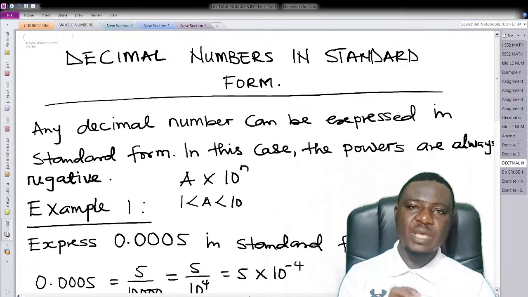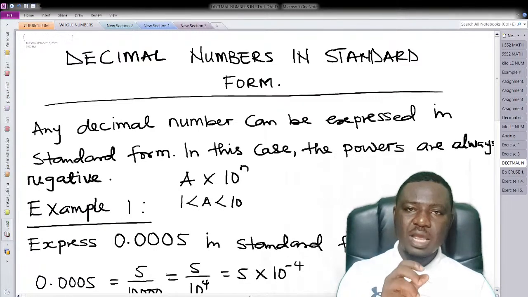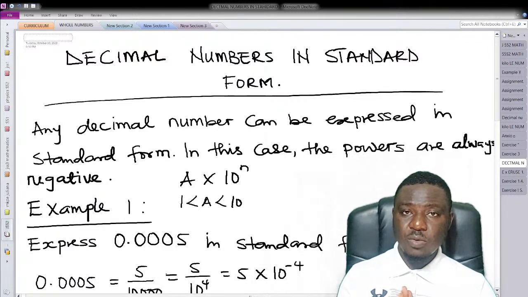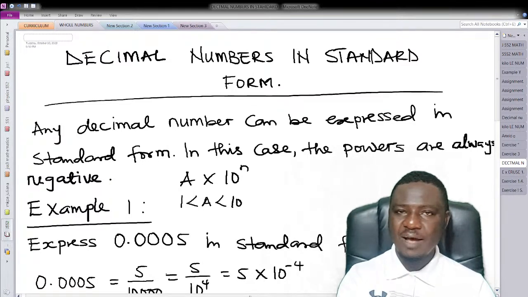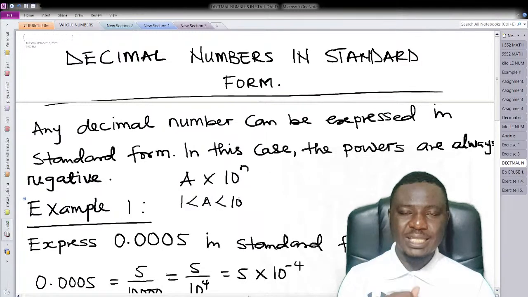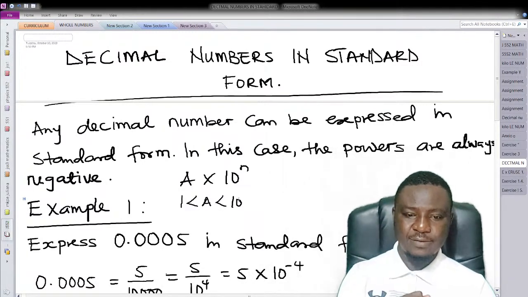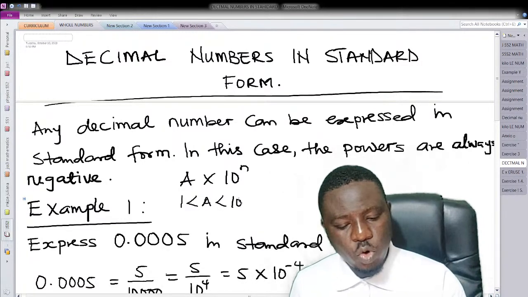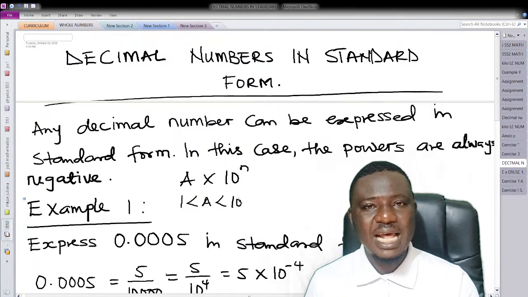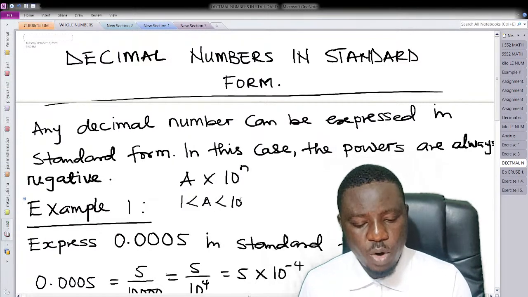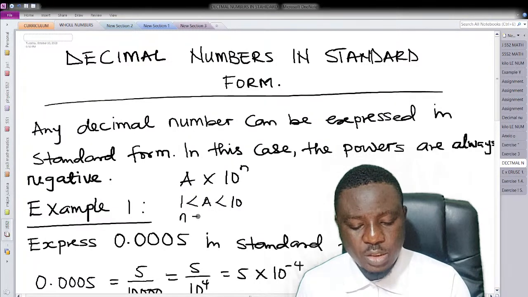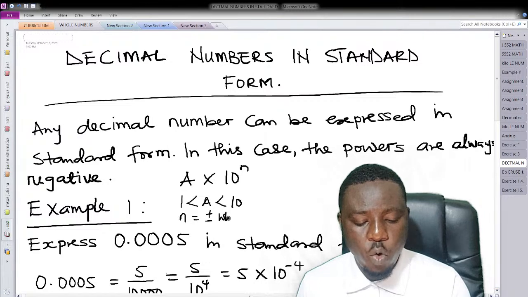A may likely be a whole number or a fraction, that is a mixed fraction. That is 1 point something, 1.5, 2.5, 3.5, or whatever, but it must be between 1 and 10. Once these two conditions are met, then we say that such a number is in standard form, where n is either a positive or a negative whole number.